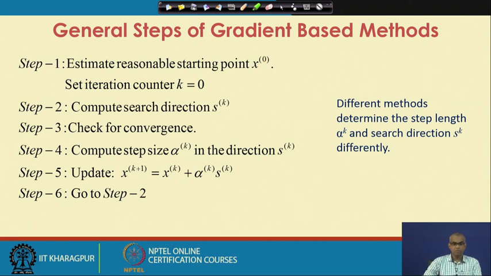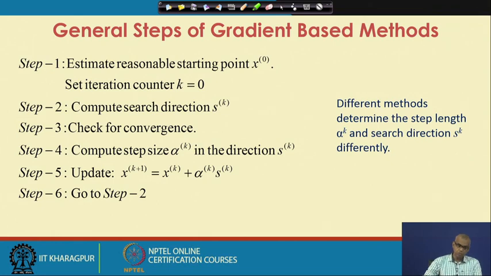So, in the first step, we start with a reasonable estimate of the optimal point. Say I am minimizing a function, so I start with a reasonable guess of the minimum point, that is x 0 for me, that is my starting point. So, we set the iteration counter k equal to 0.